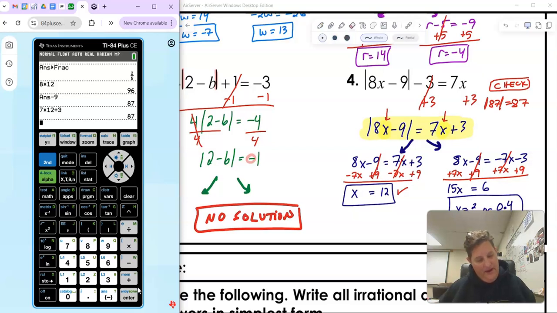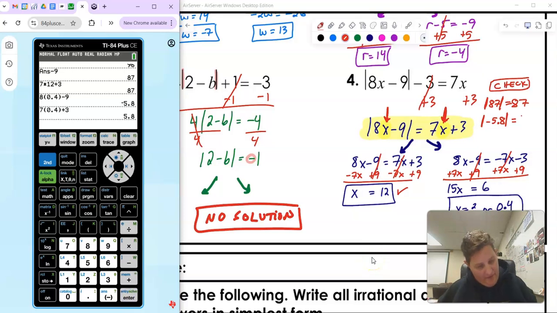Okay, now I'm gonna do just 0.4. Okay, and again I'm plugging it in right here, and I'm plugging it in right here. Okay. 8 times 0.4 minus 9 is negative 5.8. Okay, 7 times 0.4 plus 3 equals 5.8.